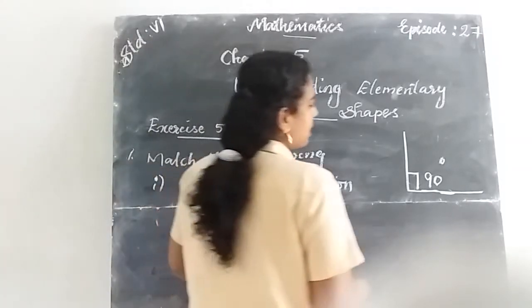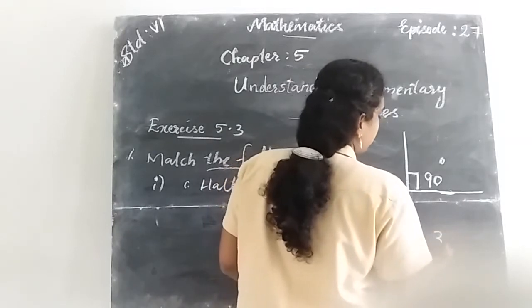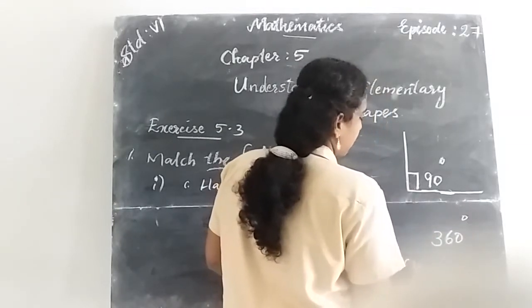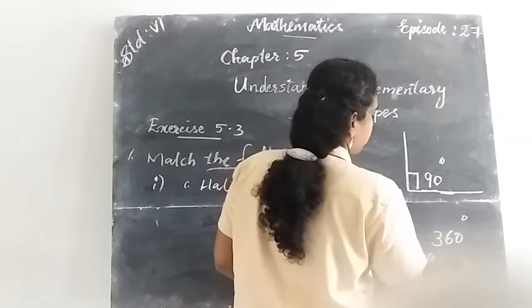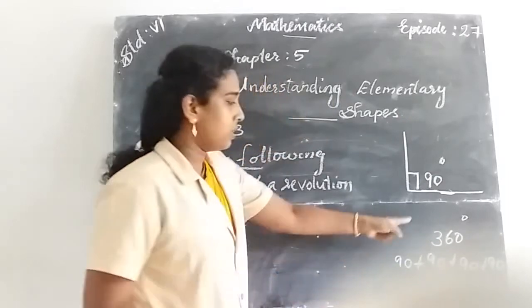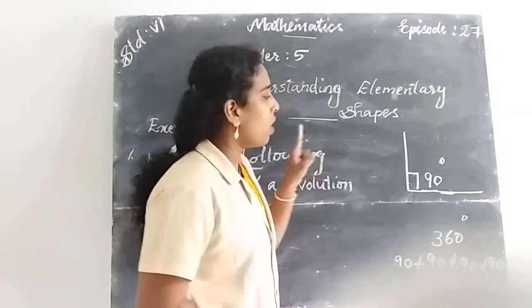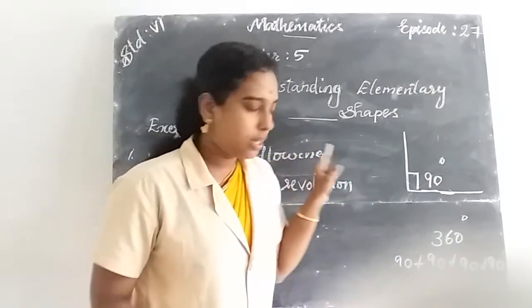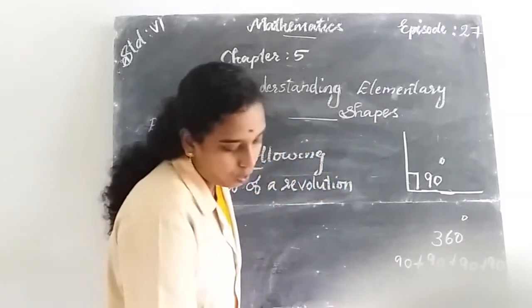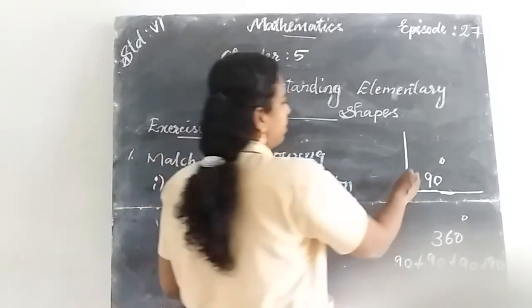For a complete revolution it is 360 degrees, and 90 plus 90 plus 90 plus 90 is equal to 360 degrees. So 1/4 of a revolution is called a right angle.